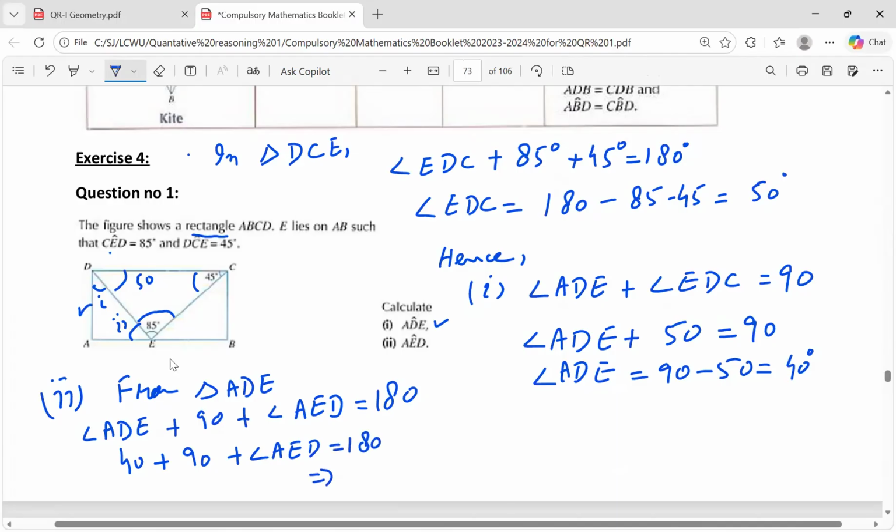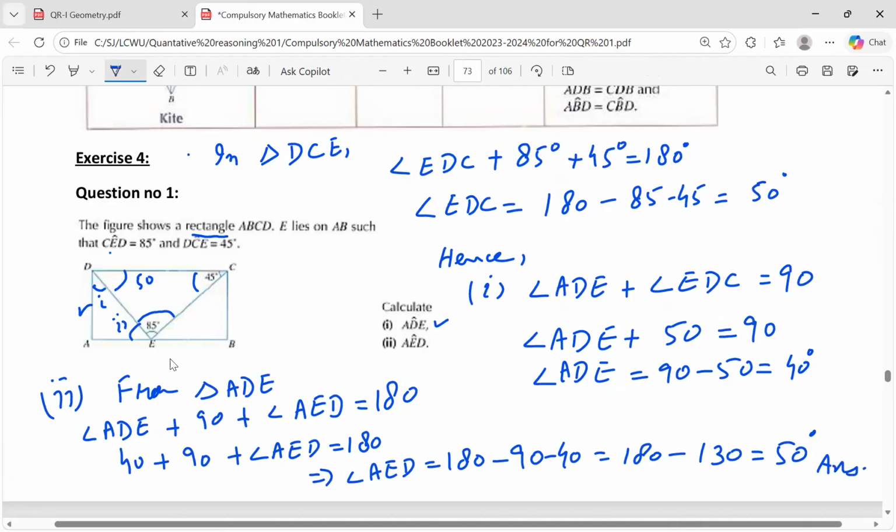This gives angle AED is equal to 180 minus 90 minus 40, which is 180 minus 130, equal to 50 degrees. So you are done. This is the answer.